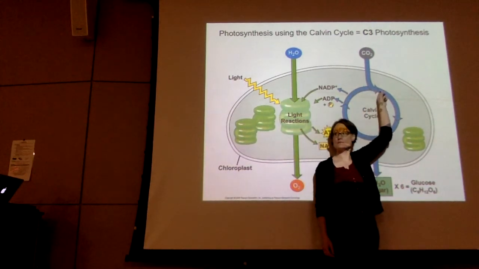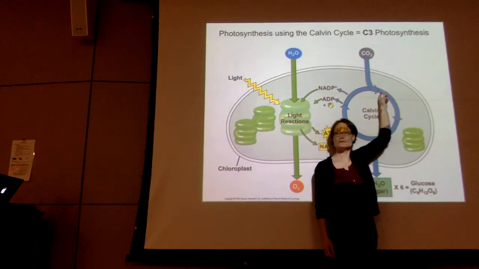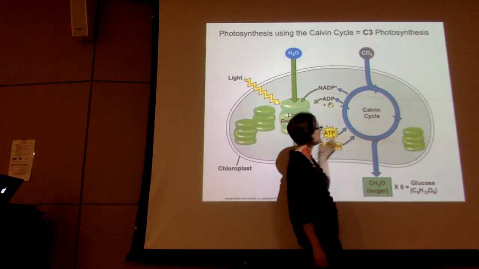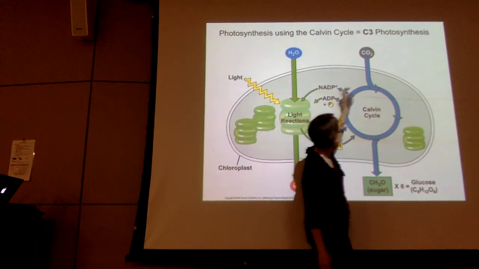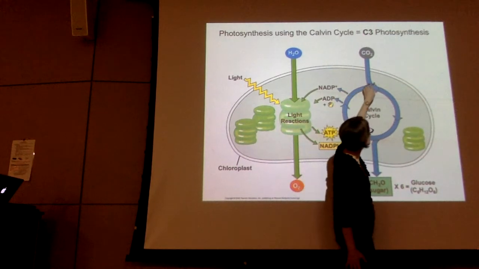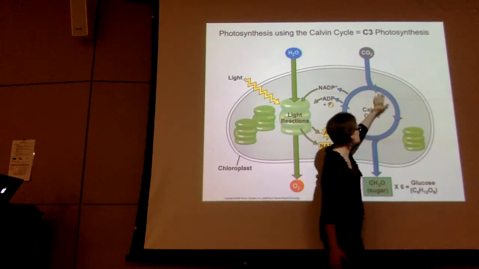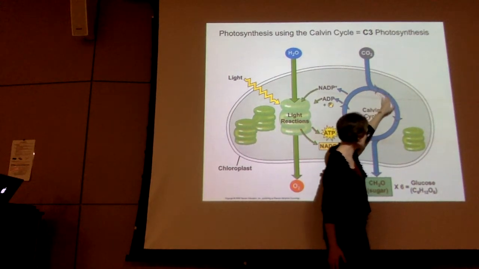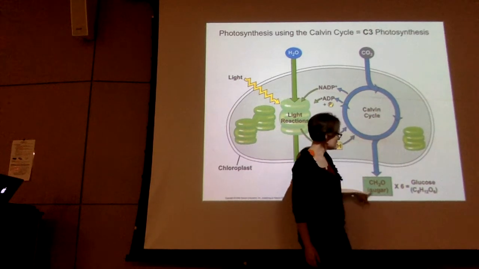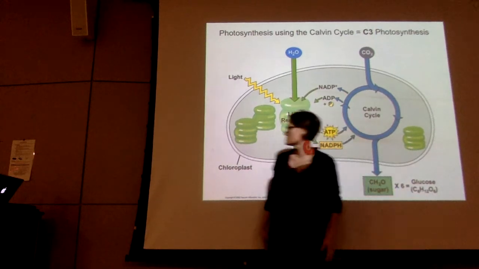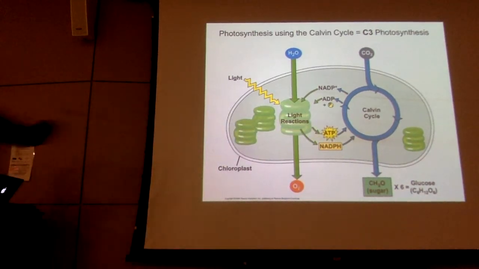That's where CO2 comes in. We're going to use some of this ATP and NADPH, and we're going to use an enzyme called Rubisco to add CO2 to our RuBP to make a 6 carbon sugar as it comes out. Okay, C6H12O6. All right, this is C3.